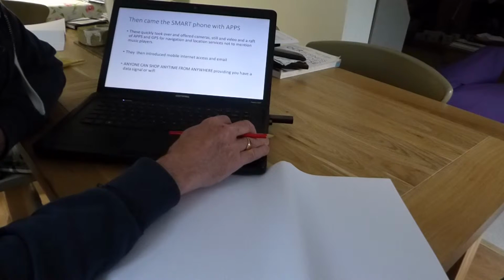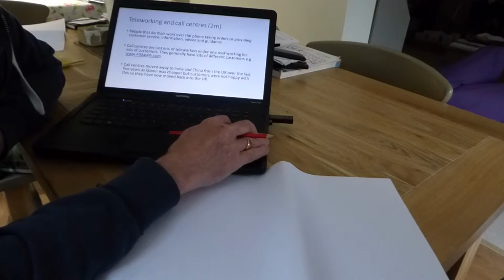So it's been quite transformational in terms of what has happened and how we can now video stream, use apps to access websites, and basically allow people to shop anywhere, anytime, on the way to work, on the way home from work, and as long as they've got a Wi-Fi signal.